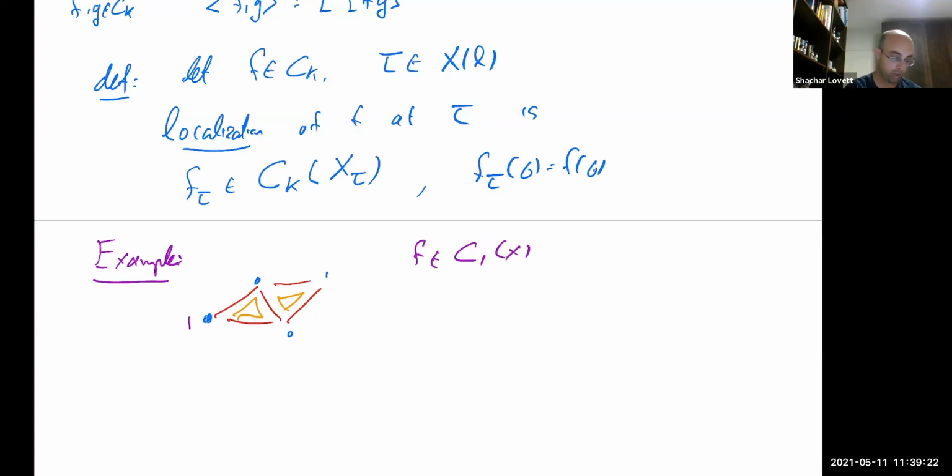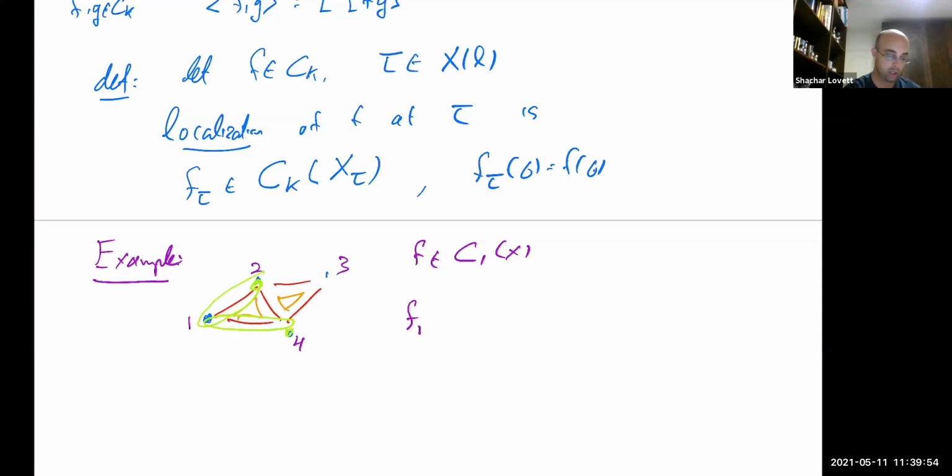Maybe I'm going to give them the weights 1, 2, 3, 4. Well, what is the function f localized at 1? When we look at node 1, we're looking at its neighborhood. Its neighborhood is going to have two edges, this edge and this edge, and it corresponds to two nodes, 2 and 4.